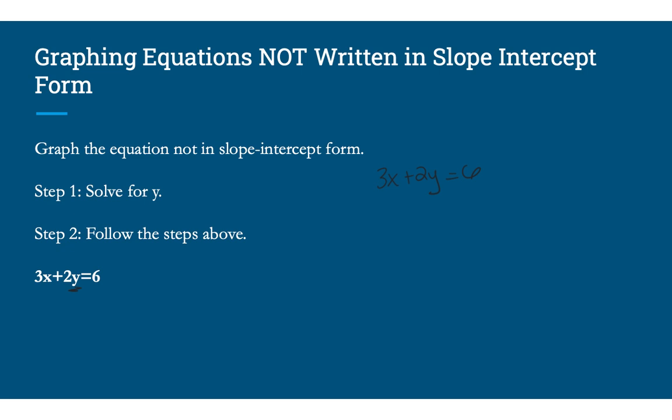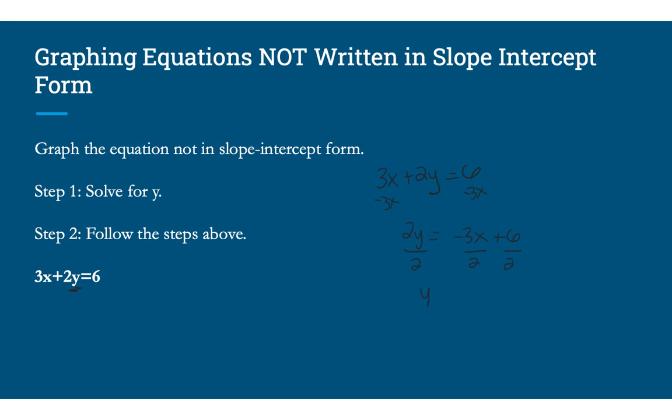So to solve for y, the first thing I'm going to do is get 3x to the other side. 3x needs to go to the right side of the equation. I'm going to do that by subtracting 3x from both sides. That leaves me with 2y equals negative 3x plus 6. Then I need to divide everything by 2 to get y by itself.